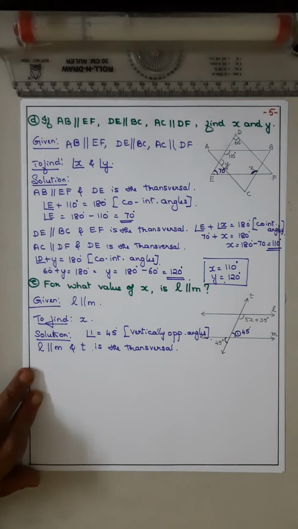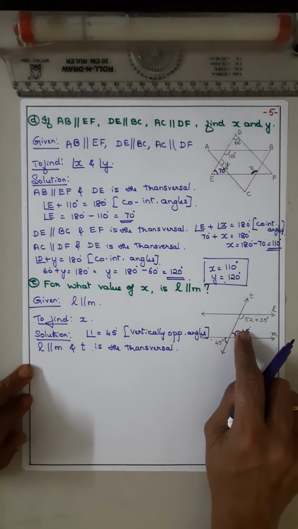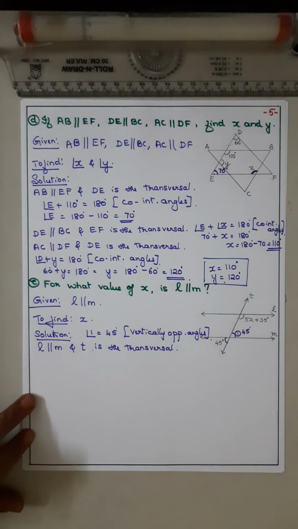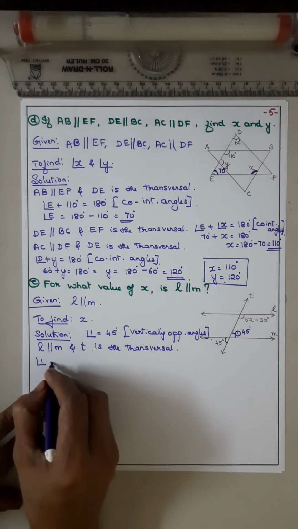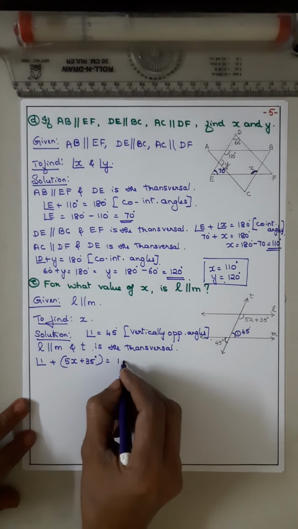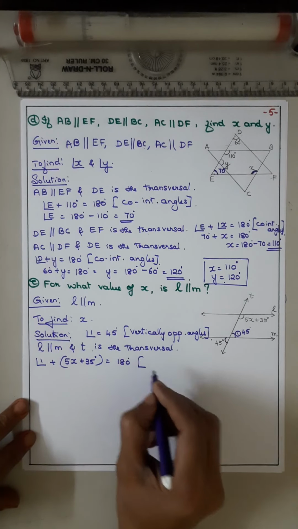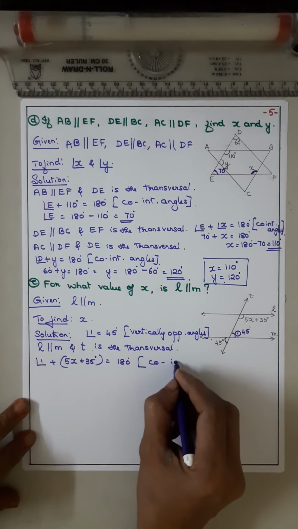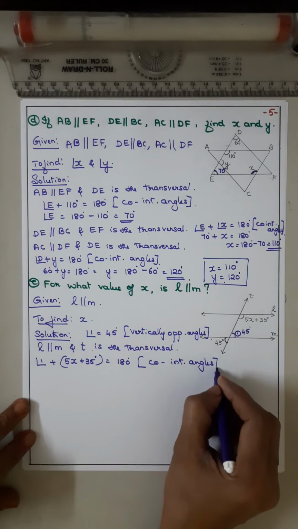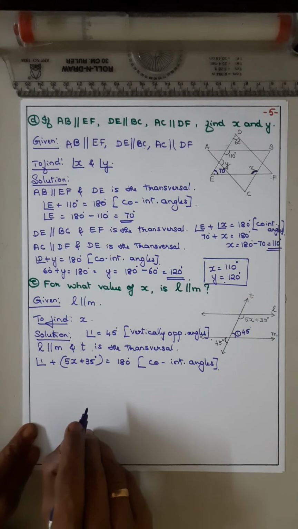We got this 45, so what will these two give? Angle 1 plus 5x plus 35 is equal to 180. Which property? Co-interior angles. Isn't it?